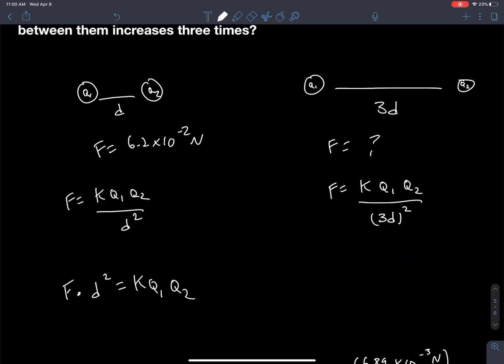And on this side, if I did F times 9D squared, I just expanded that out, is equal to K Q1 Q2. You can see that K Q1 Q2 is in both of these equations, so I can just substitute that in for K Q1 Q2.